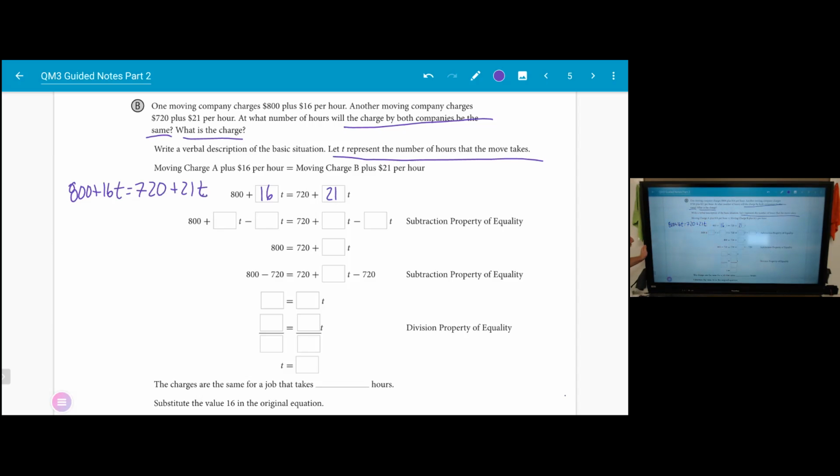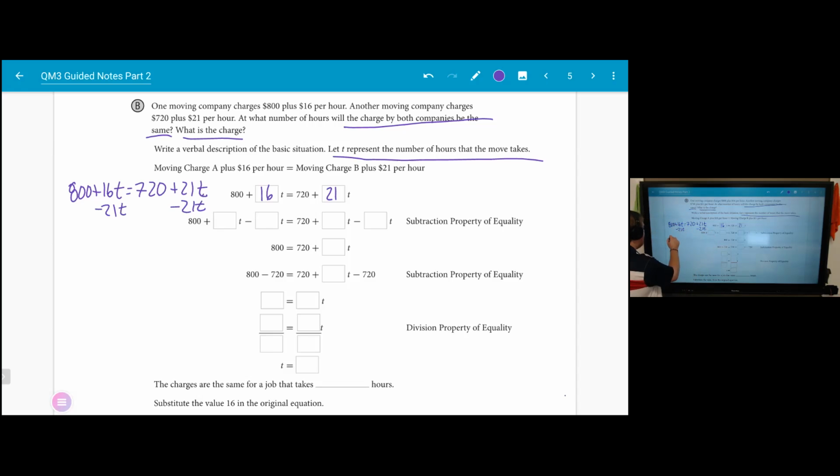Now, what they have done, if you're watching here, they're subtracting from the left. And here's why they do that. If I don't, I'm going to get a negative number for the T value. Everything's going to work out the same, but it might look a little funny. I'm going to show you the little funny business here. I'm going to move my T's to the left side. To do that, I'm going to subtract 21T from both sides.